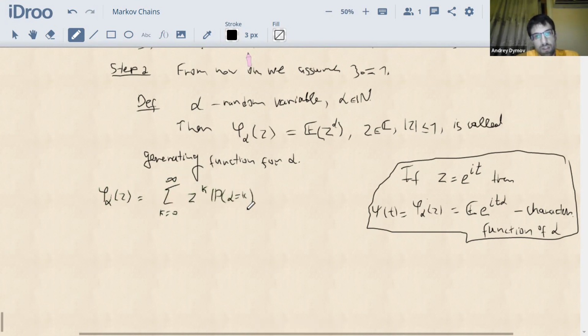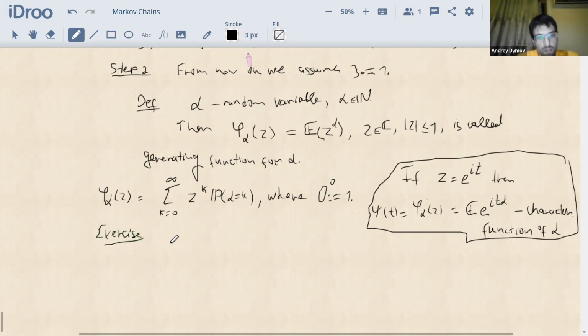I have written the definition of the expectation, right? Because my random variable takes natural numbers. But here there is a singularity, because when z equals 0 and k equals 0, I get 0 to the power 0. It isn't clear what this is. By definition, I put it equal to 1.